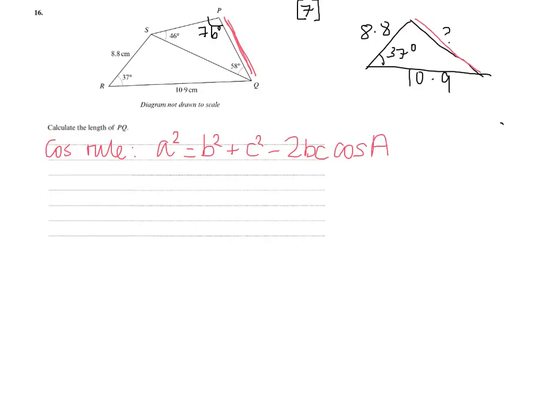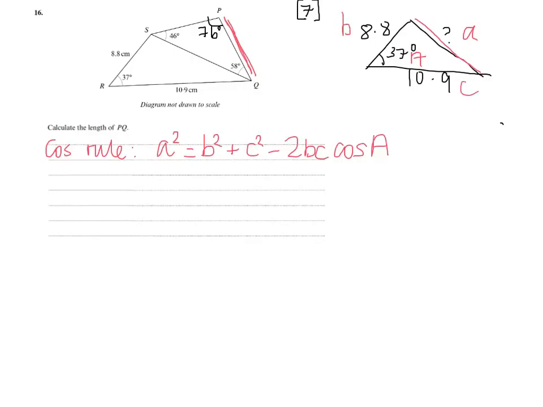So if I label my diagram with the correct letters, this is the side that I want to work out, so we're going to call that a. Its opposite angle is the 37, so I'm going to label that with capital A. Then the others, it doesn't matter, we'll call this b and this c.